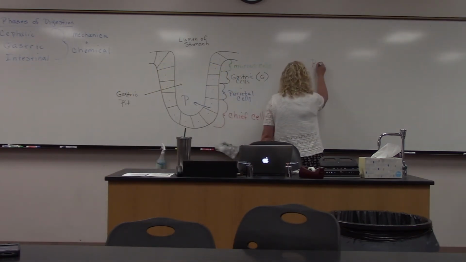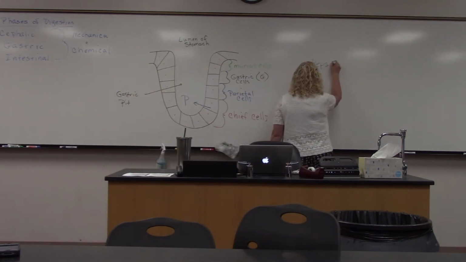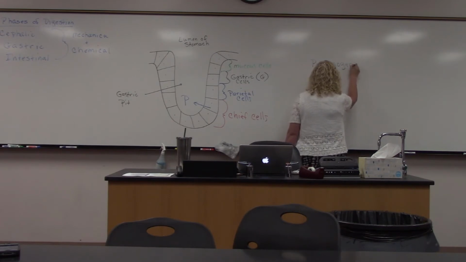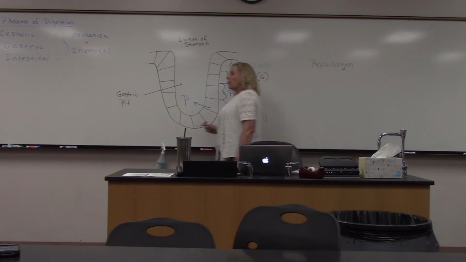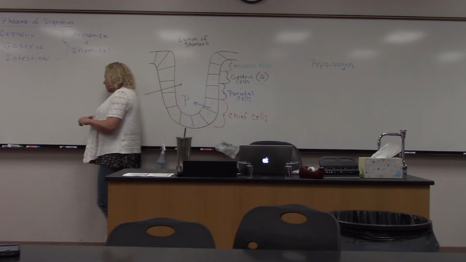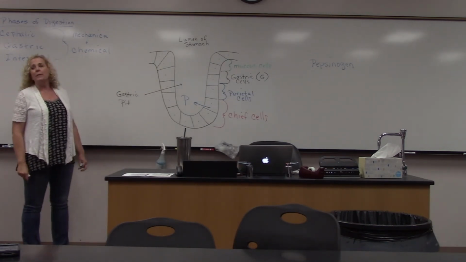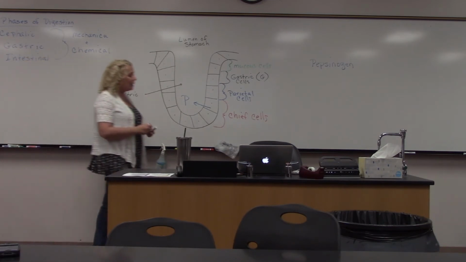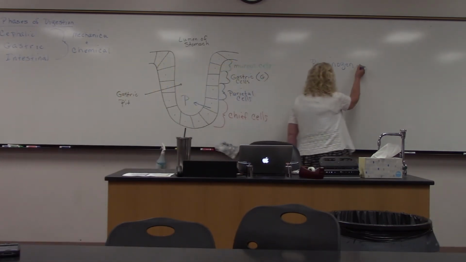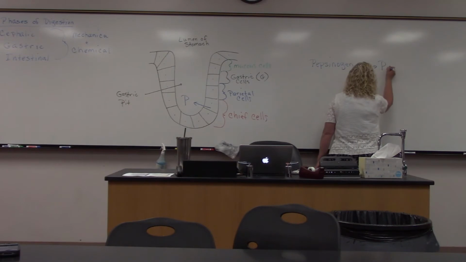This enzyme is secreted in the form of pepsinogen. And remember, we talked about the OGEN. This also tells us this is inactive. This pepsinogen has to be activated, and then it becomes the active enzyme, which is called pepsinase.